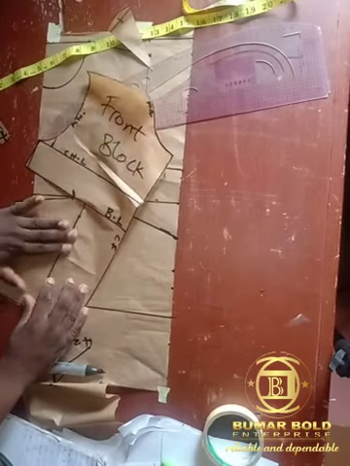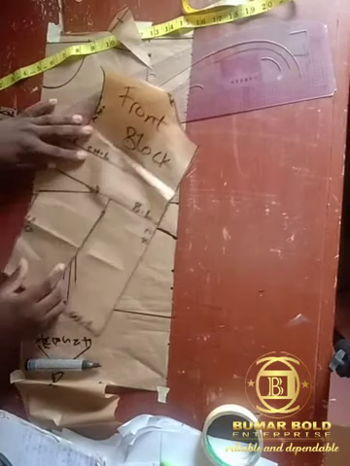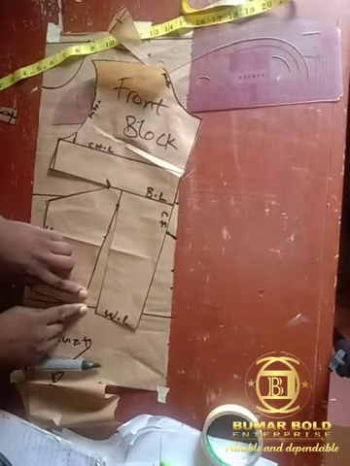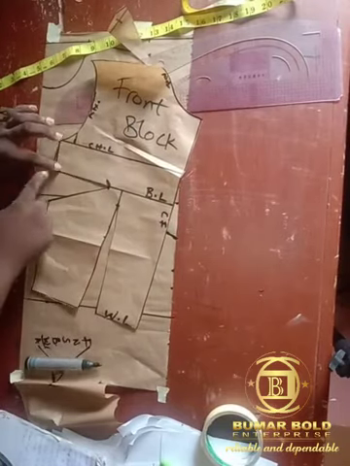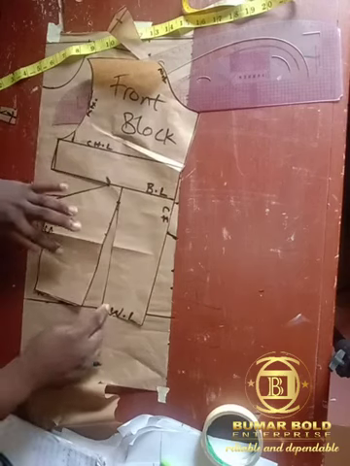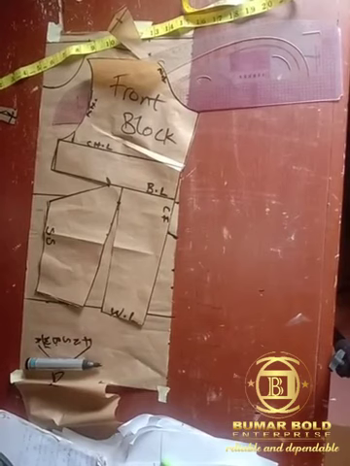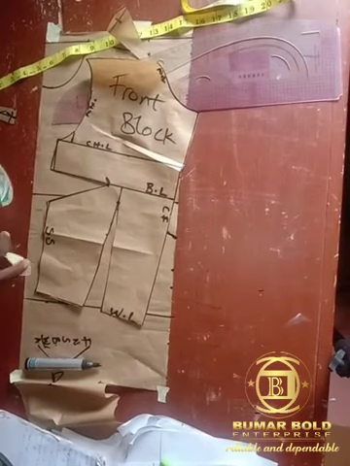When I closed it, you can see that this space became wider. Here I have just 1 inch as the dart leg. Here I have 2 inches. So this place will automatically turn to 3 by the time I close this. So this is what I'm saying. Let me use my paper tape to close it up.